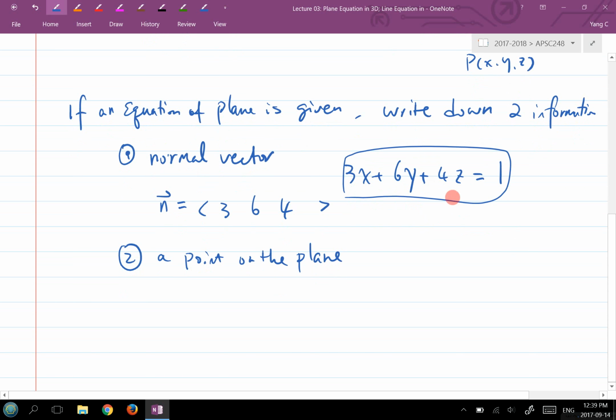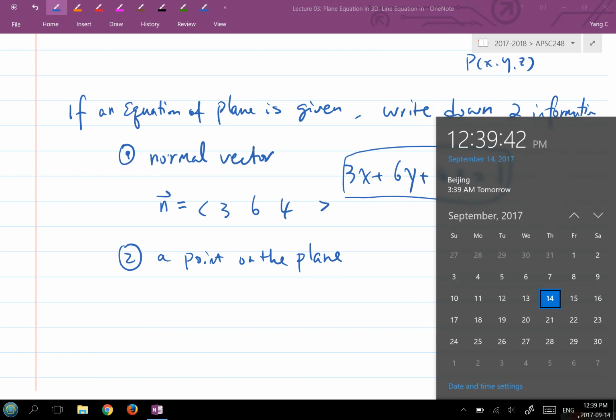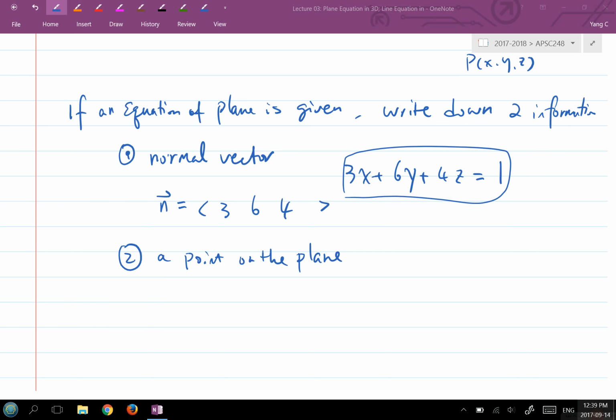If you're given this one here, you can come up with all different types of answers. But you want to be careful in your selection of the points. Sometimes if you select a point which turns out to be a very weird number, it could give you some difficulty in future computations, right?